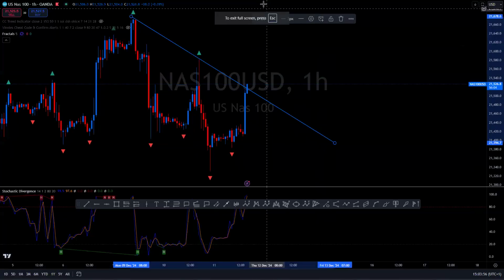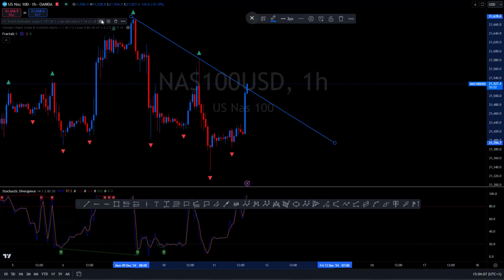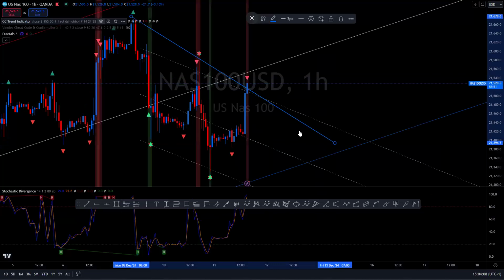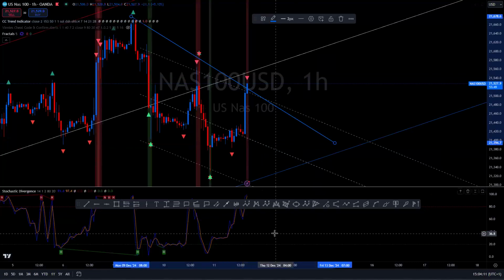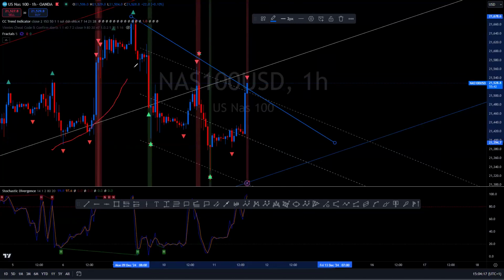Now we're going to turn on the CC trend indicator. Of course, we see the trend line of the indicator pointing upward because we had a bullish move here.